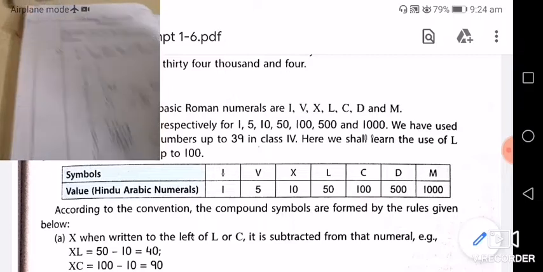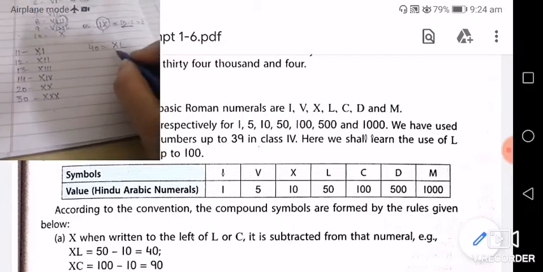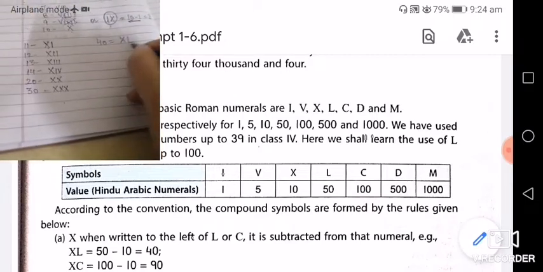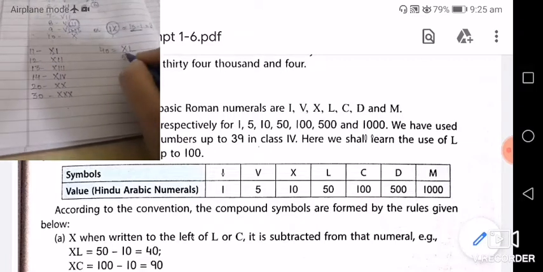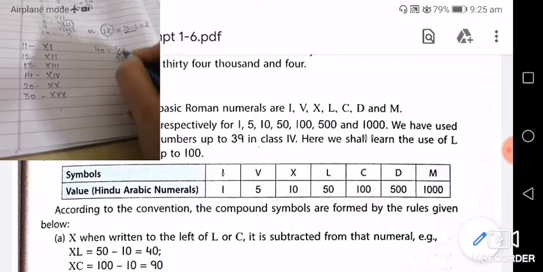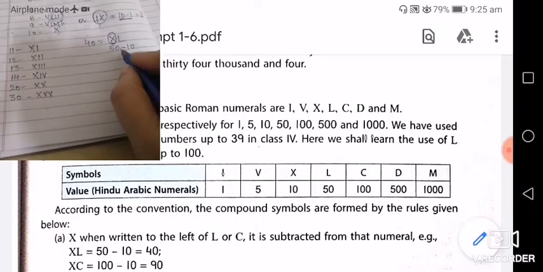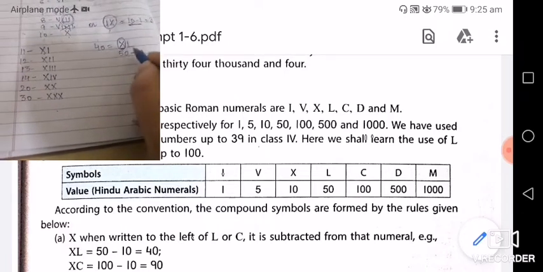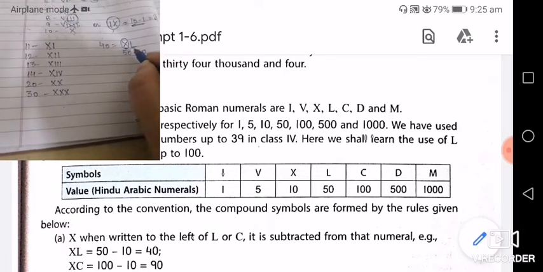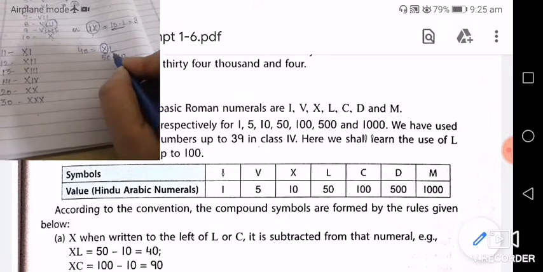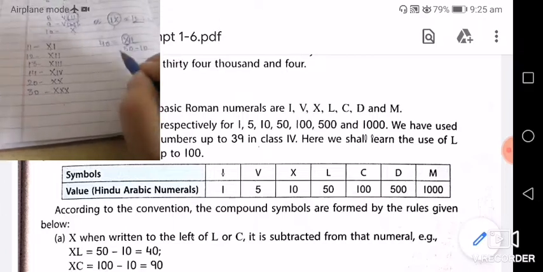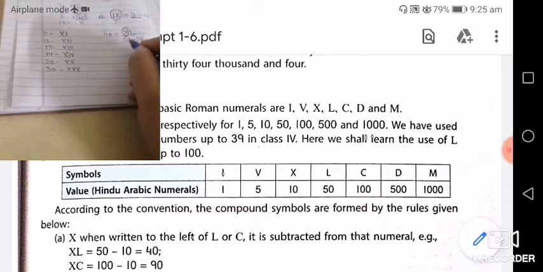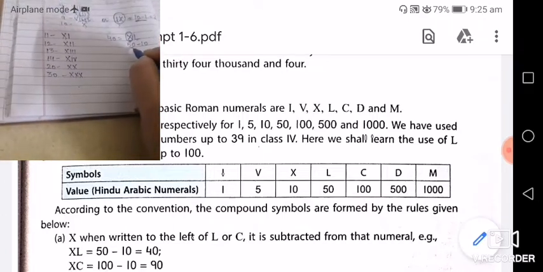Fine. So this will become XL. What does it mean? 50 minus 10. Whenever we are writing any Roman numeral before any Roman numeral, it means we are subtracting that Roman numeral from that given Roman numeral. Now L is 50 minus 10, that will become 40. Now this symbol you are going to use for 40 itself.